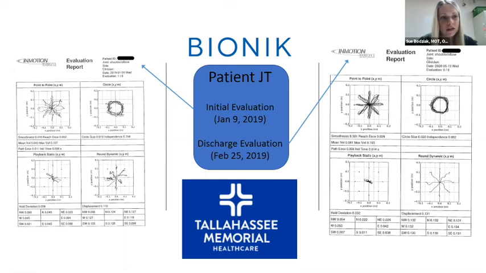He continued therapy for a little over a year. We first did the robotic arm in 2019, and you can see on the left side his first evaluation, and then a year later, how much he had improved.